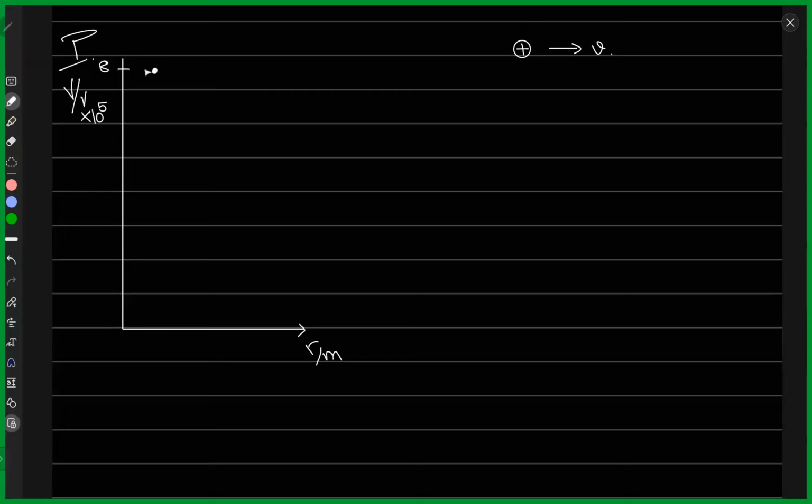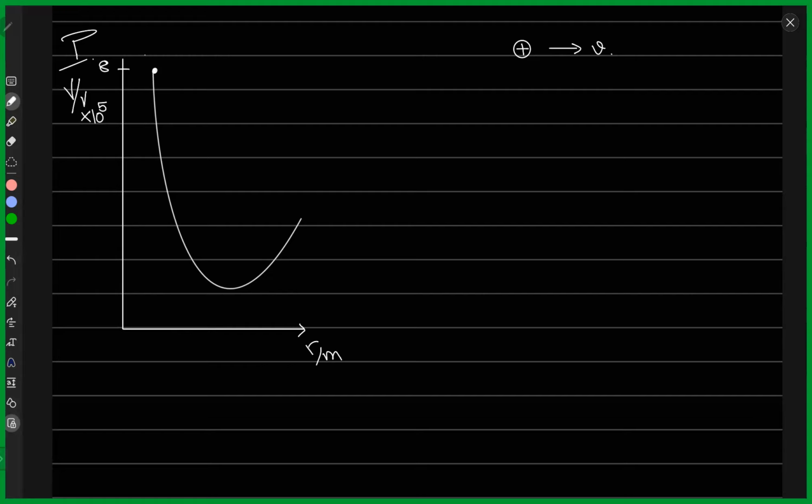And then it starts to decrease. I'm going to try to draw something like this. And then again, it increases like this. This is not a perfect curve, let me try to do it again. Okay, this curve is better. It starts its journey from here.